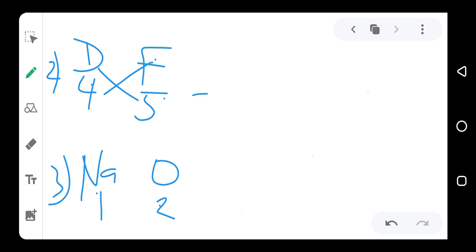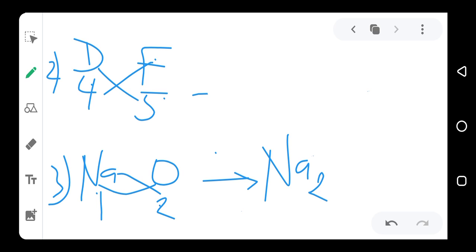So we have sodium 1 and we have oxygen 2. Now during this chemical combination, what will happen is that the valency of oxygen will go to sodium and the valency of sodium will come to oxygen. So sodium will now carry 2, and then oxygen will carry 1.